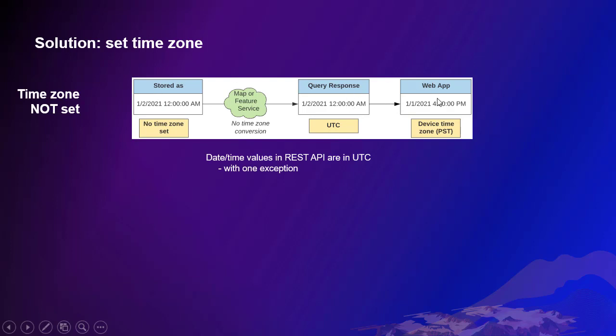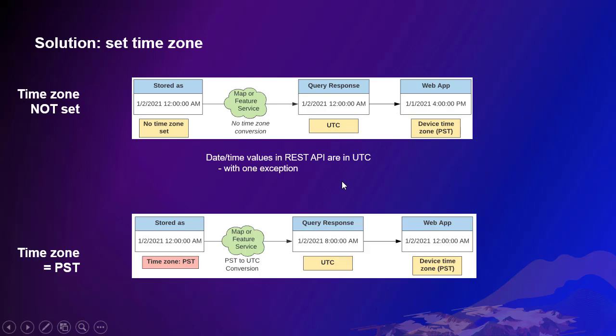Then when it gets handed over to the web application, it converts that UTC value to the device time zone, in my case Pacific time zone. And you see that the data, the time when the arrests were made, appeared as if it actually happened 8 hours before.